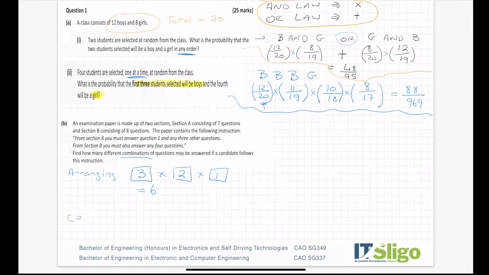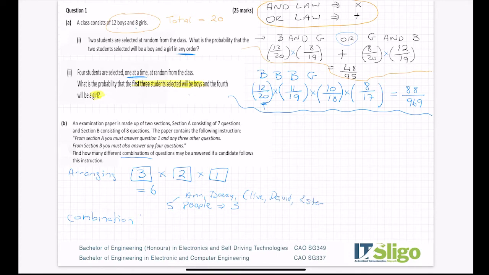Combination, on the other hand, is where you are choosing or selecting maybe members for a team. So maybe there were 5 people in the class and you needed to select 3 for a team. And the 5 people, we're going to call them Anne, Barry, Clive, David, and Esther.